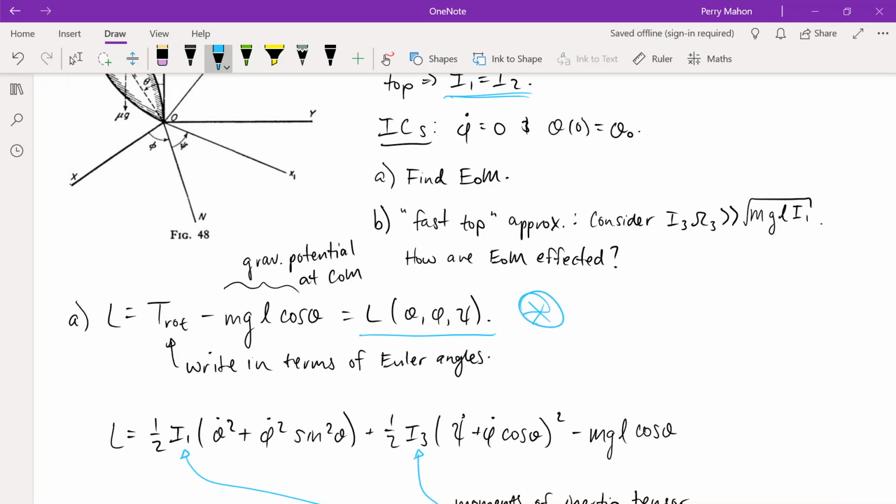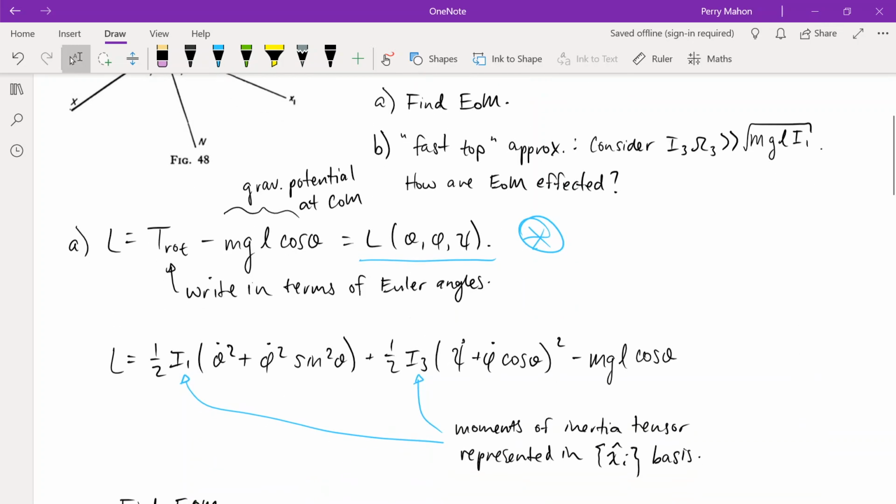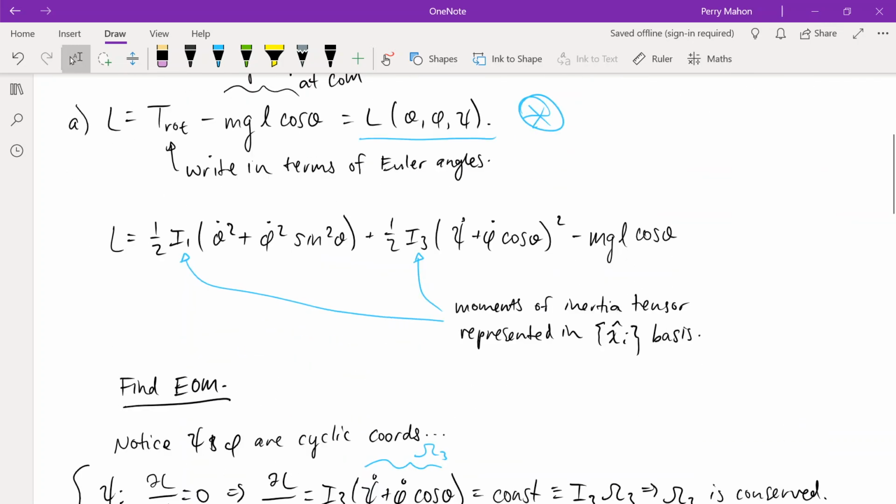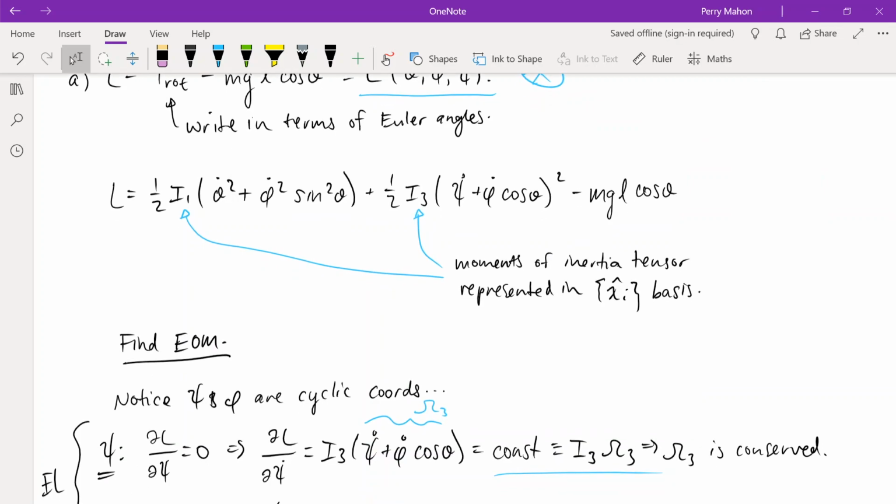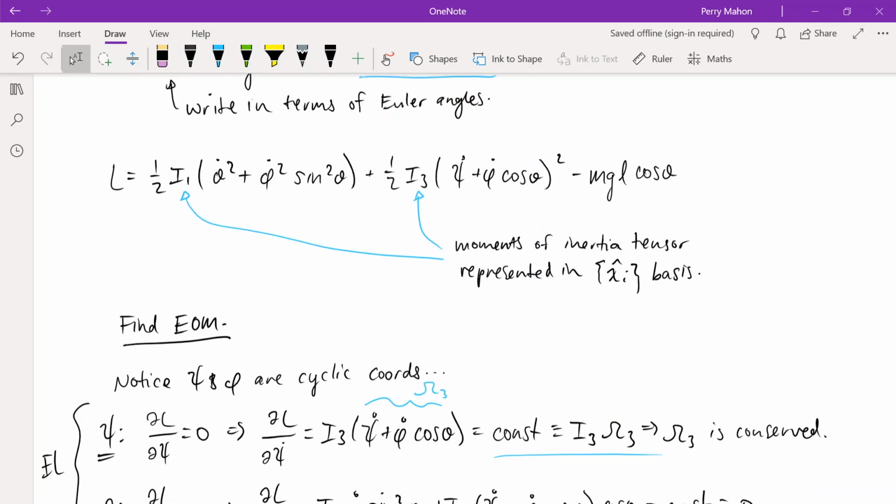So the three generalized coordinates we use to describe the system are the Euler angles theta, phi, and psi. We wrote down the Lagrangian associated with this system, and from that we just used the usual Euler-Lagrange equations associated with each of the generalized coordinates to find the equations of motion. We found that since psi and phi are cyclic coordinates, there are conserved quantities associated with each of these.